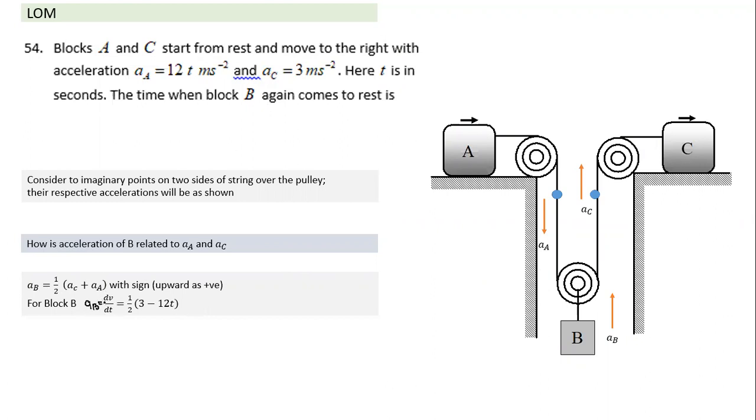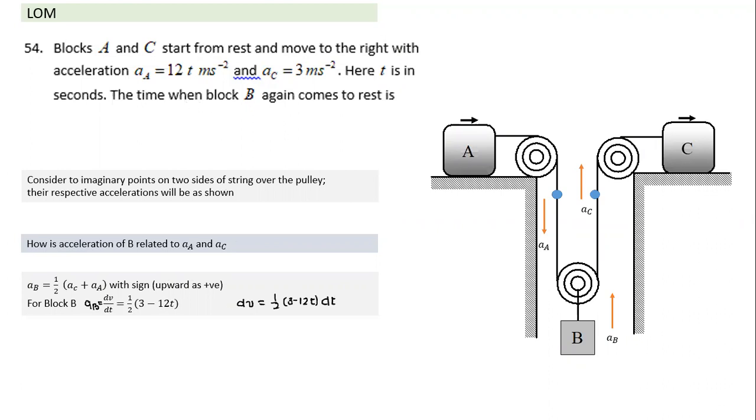So acceleration of B, which is equal to dV by dt, is equal to 1 by 2 times the acceleration of block C, which is 3, substituted. But A is in the downward direction, that's why I have to put minus 12t. So we get dV equals 1 by 2 times (3 minus 12t) dt. Now what do we need to find?